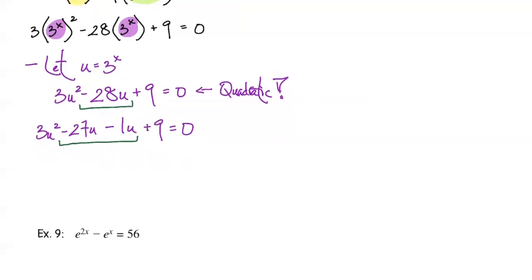I'm going to ask us to ignore the second part for a moment and just look at 3u squared minus 27u. What is the greatest common factor for that? Just this part. 3u, yes, I can take a 3u out here. What are we left with? u minus 9.